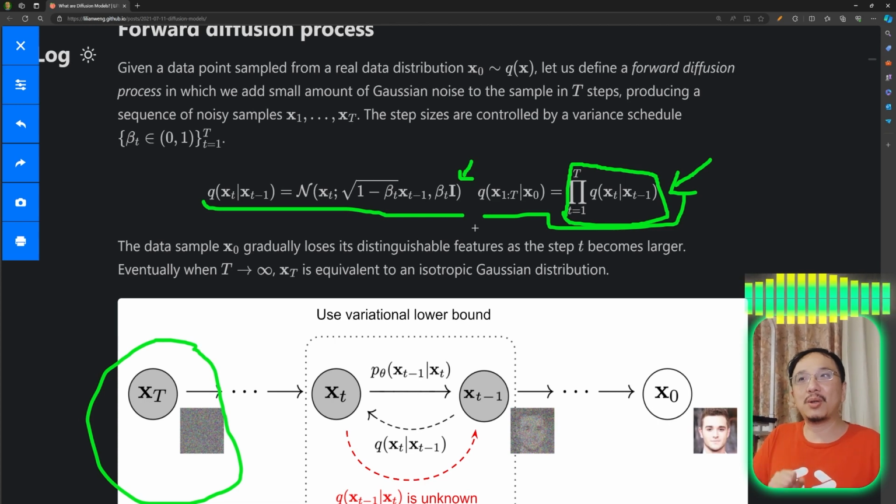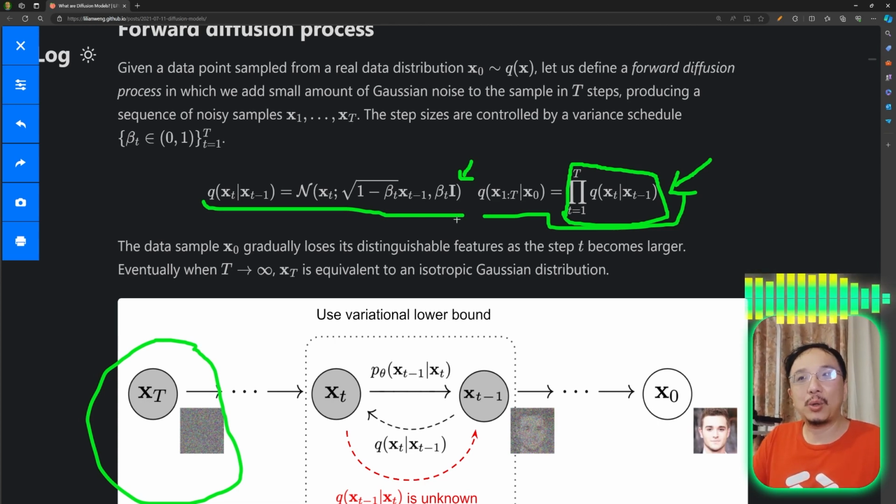All these formulas tell you that we are adding noise in that simple way. We are not considering those crazy complex procedures. We are considering the most simple way, at least in some sense, because we are still adding some parameters right here.